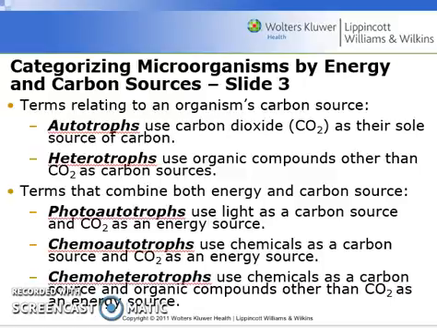Now, we also have another term known as chemoheterotroph, which I talked about on the last slide. These are organisms that rely on organic compounds as a carbon source, and they use chemicals and organic compounds other than carbon dioxide as an energy source. Most animals belong to this group known as the chemoheterotrophs. So we belong to this group.